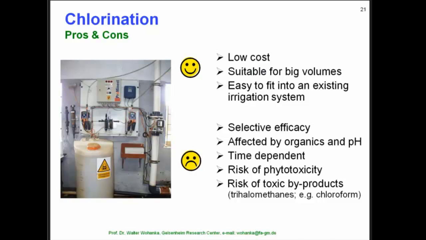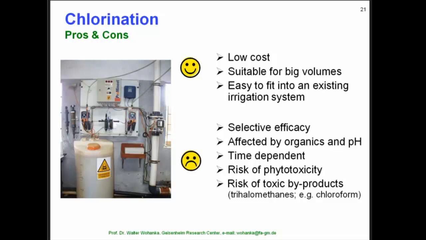Chlorination definitely is a low-cost technique suitable for big volumes, and it's easy to integrate into existing irrigation systems. Downsides are the selective efficacy. It is affected by organics and high pH, and has, compared to others, a relatively long reaction time.